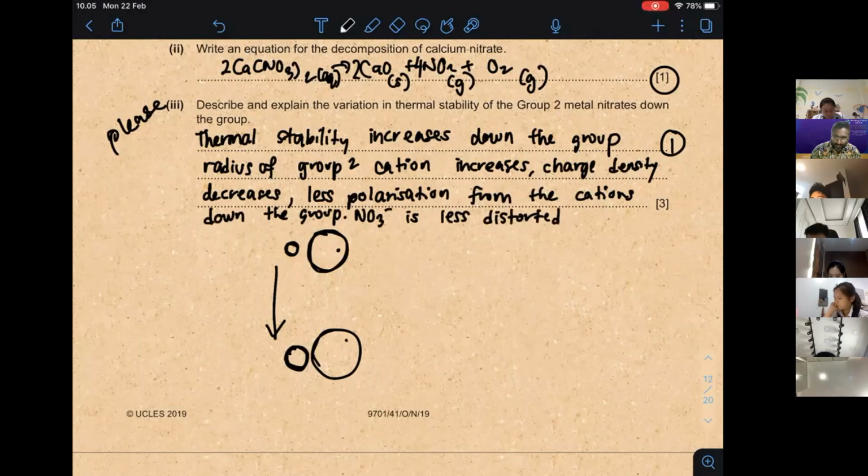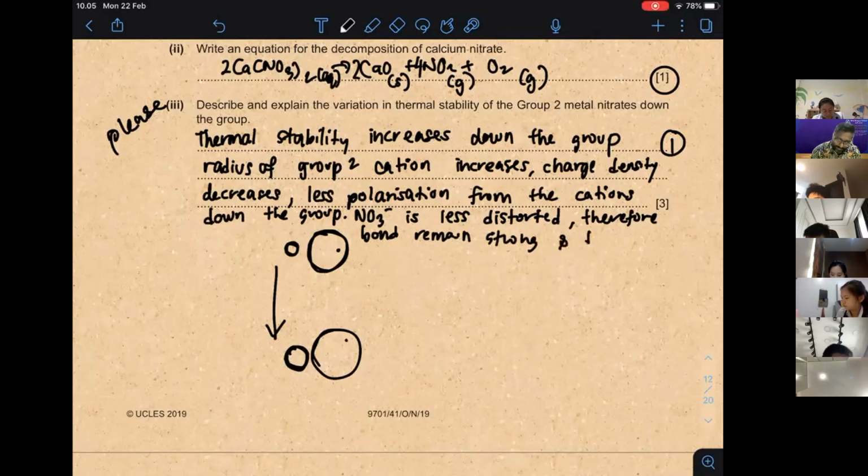Therefore the bond remains strong and difficult to be broken. So you require more temperature to break them. This explains the thermal stability.